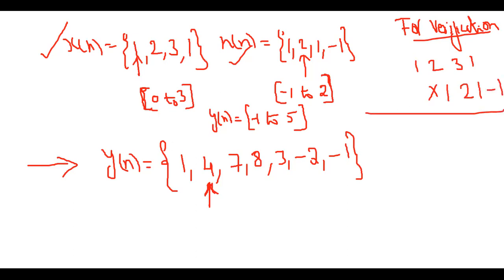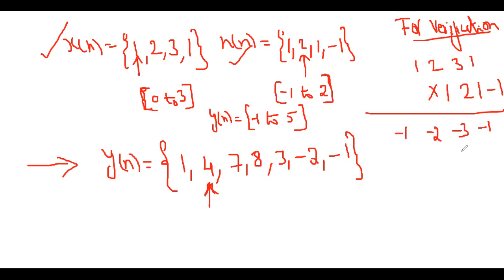Okay, simple multiplication. 1 into -1 is -1, -1 into 3 is -3, -1 into 2 is -2, -1 into 1 is -1.